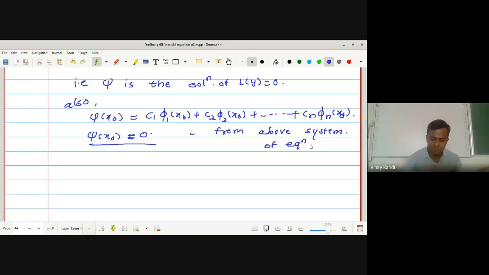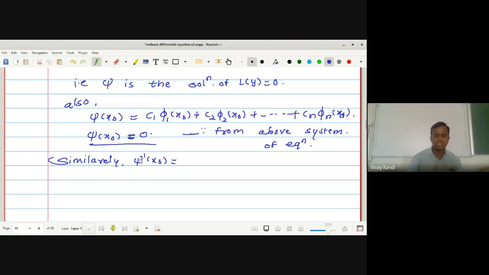Okay, from the above system of equations, I will tell you later how it comes. psi of x naught is equal to 0. Similarly, psi dash of x naught is equal to c1 phi 1 dash of x naught and so on; we differentiate this.